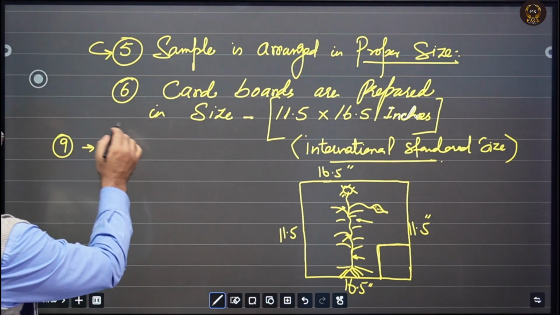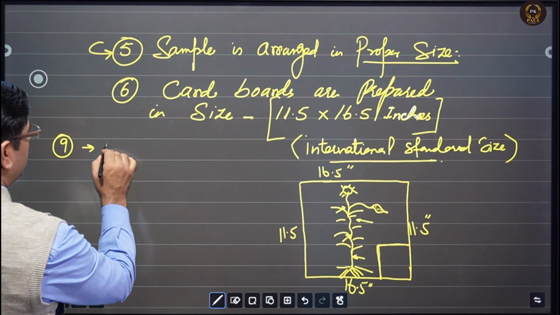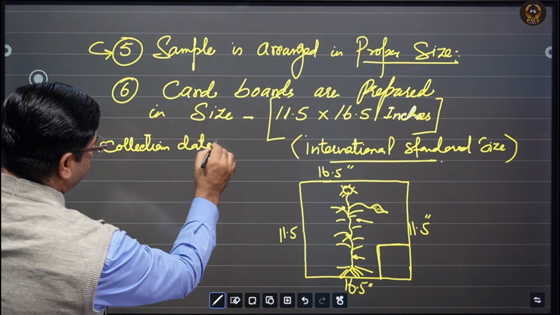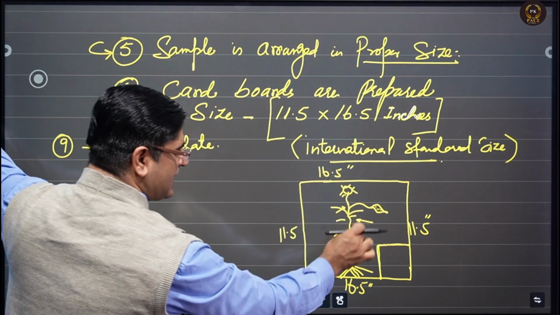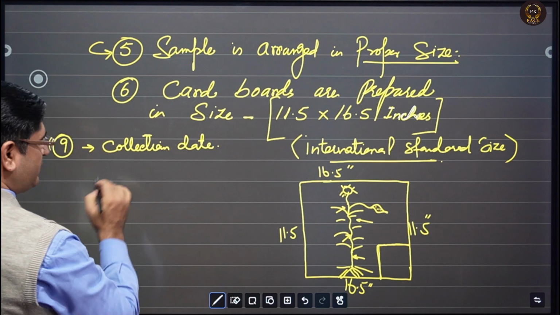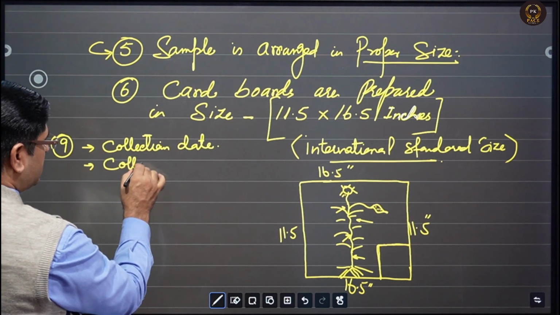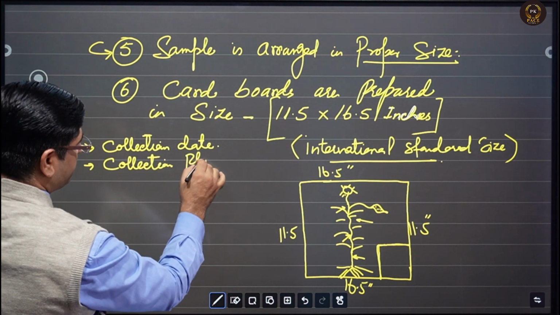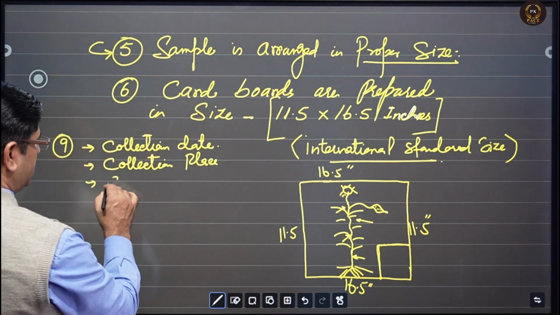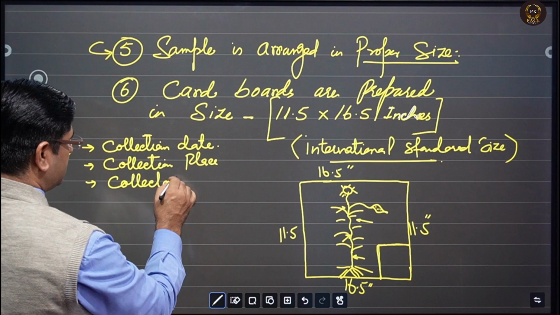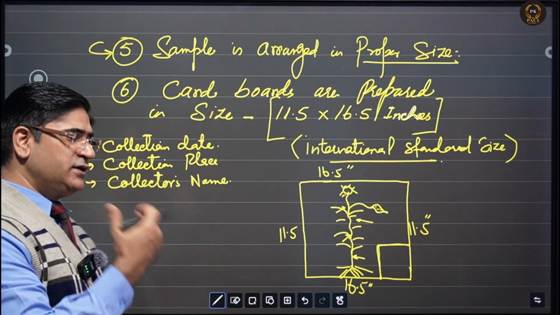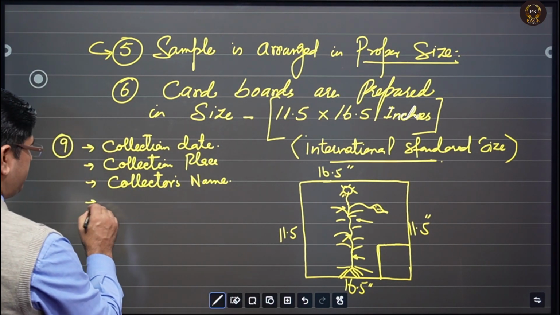In this space there is going to be written the collection date of the sample, on which date this sample of the species was taken. The proper date is mentioned. Then the collection place, at which place this sample has been collected. Then the collector's name, who has collected this sample, is also depicted.